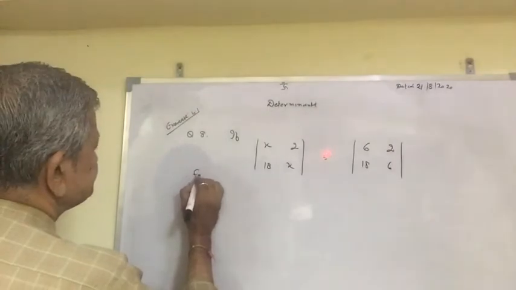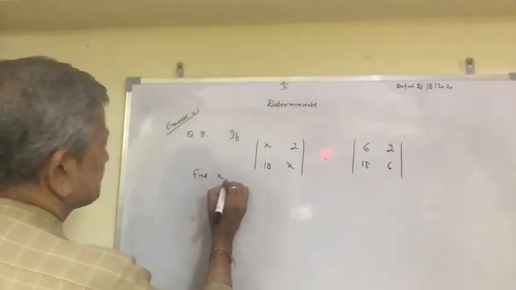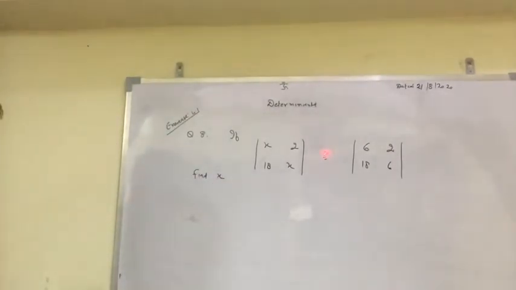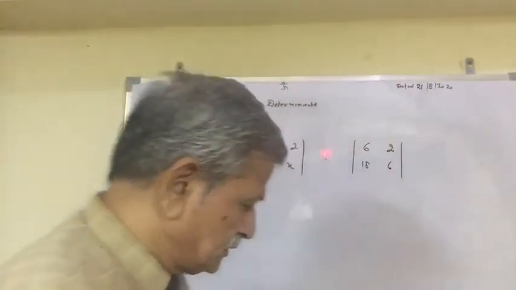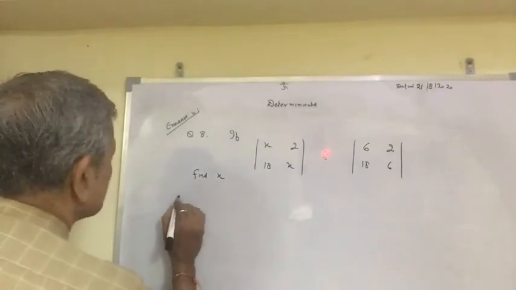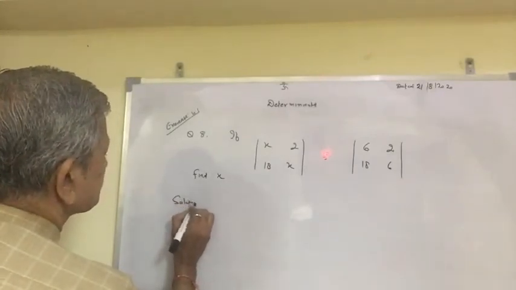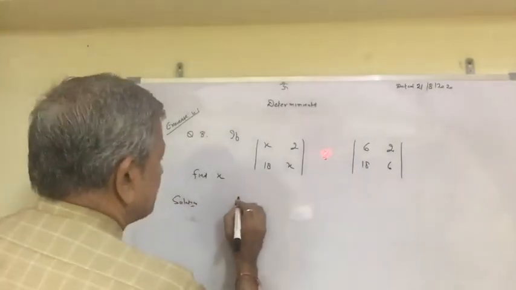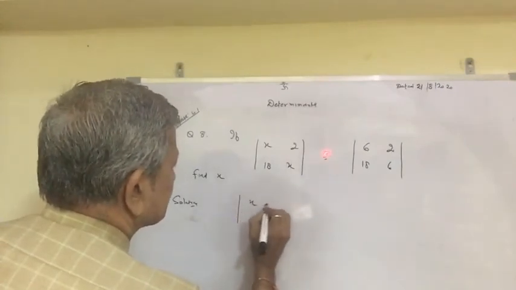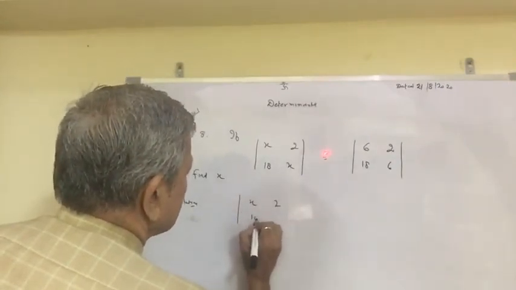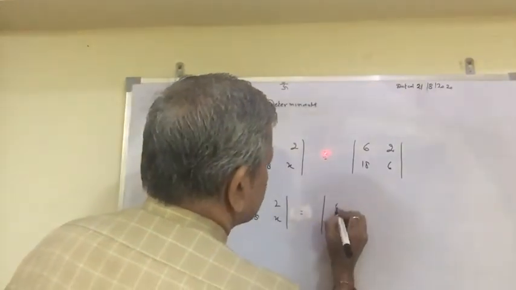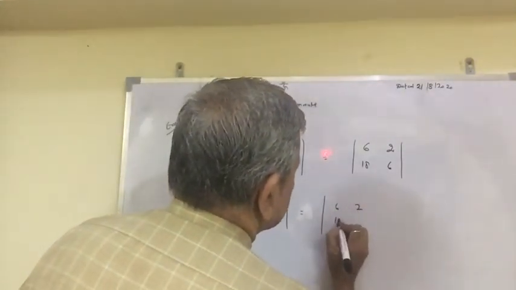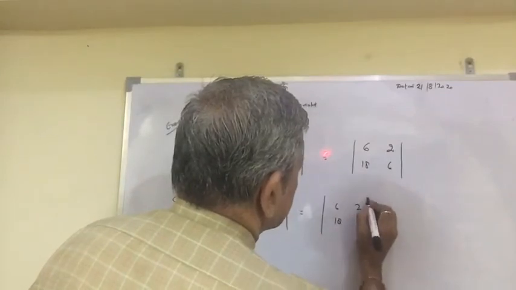Now how to do these questions? Solution: you can write the question again, x 2, 18 x, which equals 6 2, 18 6.